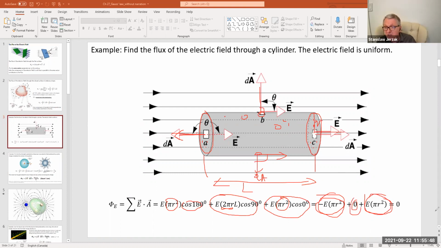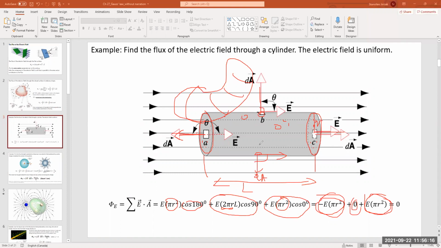So the total flux is equal to 0. And that will always be the case, no matter what the shape of the surface is. It could be a balloon of any shape, as long as you put that closed surface in a uniform electric field, the total flux through it will be 0.